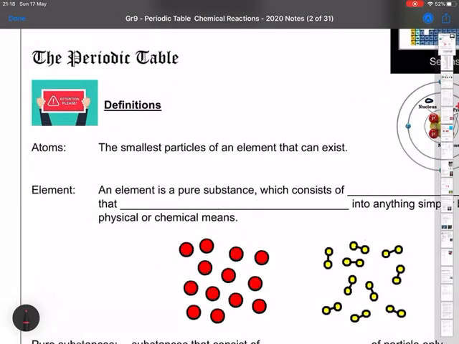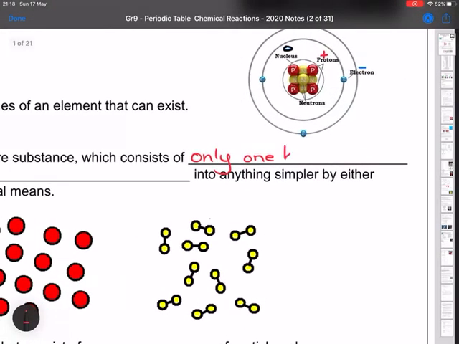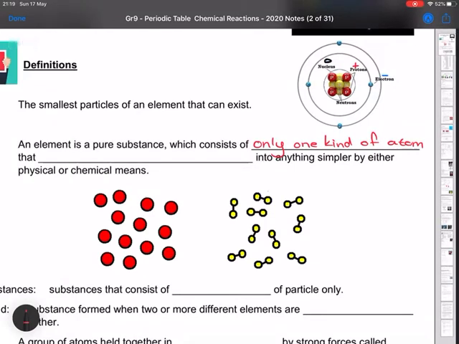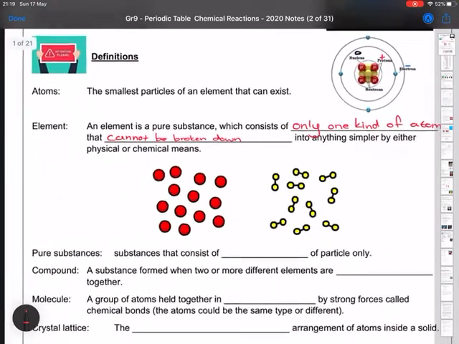An element is a pure substance which consists of only one kind of atom that cannot be broken down into anything simpler by physical or chemical means.